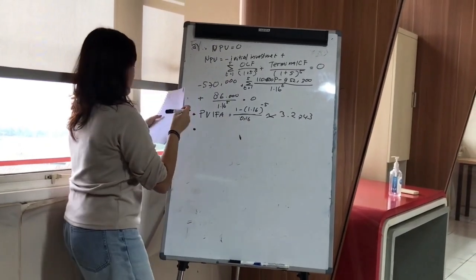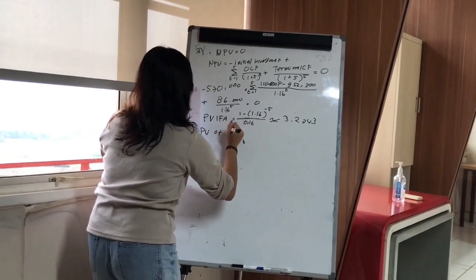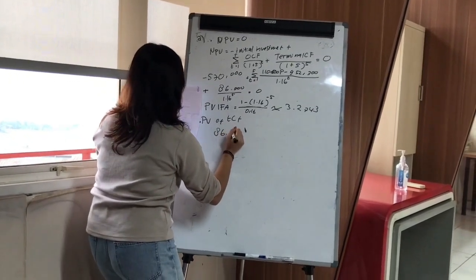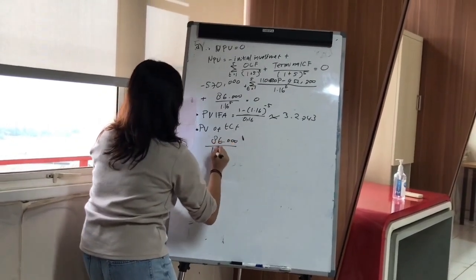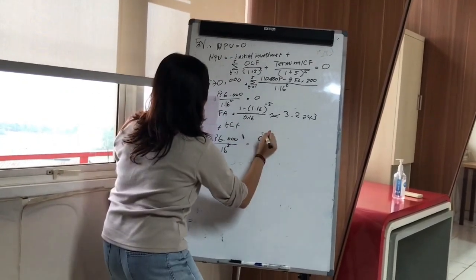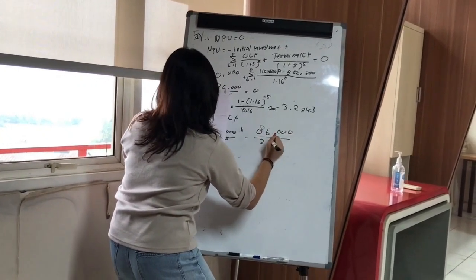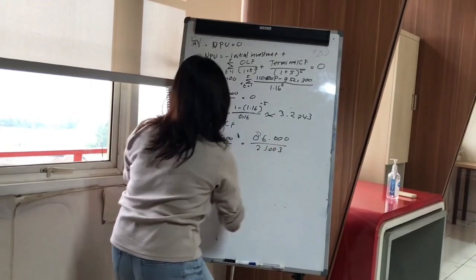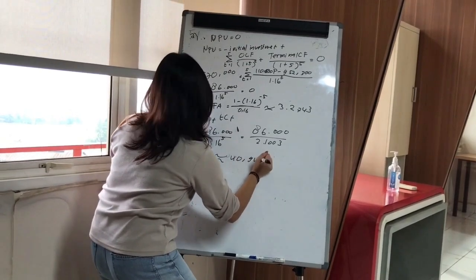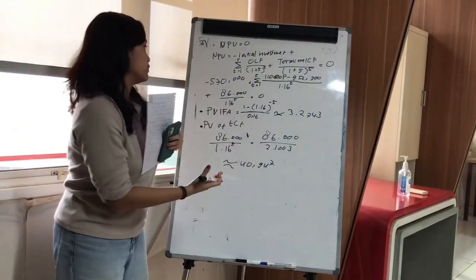We'll use another one. Instead of PVIFA, we will use PV of the terminal cash flow, where 86,000 divided by 1.16 to the power of 5 is equal to 86,000 divided by 2.1003 is at least equal to 40,947. And next we will use that and substitute it into the NPV formula.